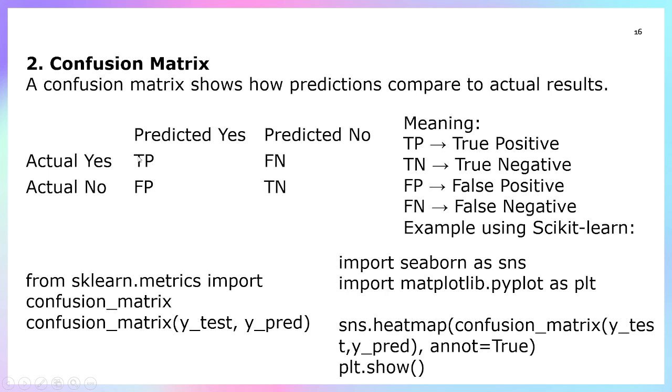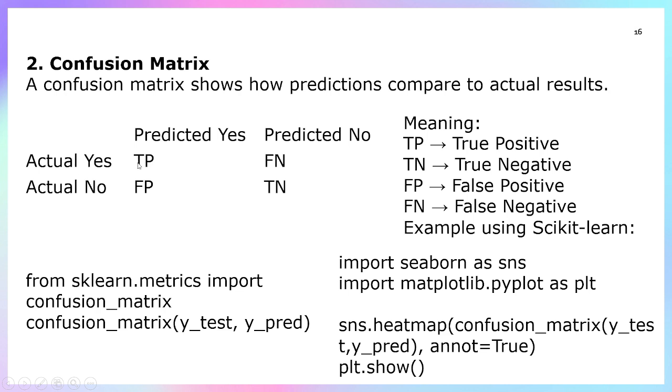Here in the confusion matrix, once again I can tell you, you can remember it like this: true positive, true negative, false positive, false negative. Predicted yes means positive, predicted no means negative, right?